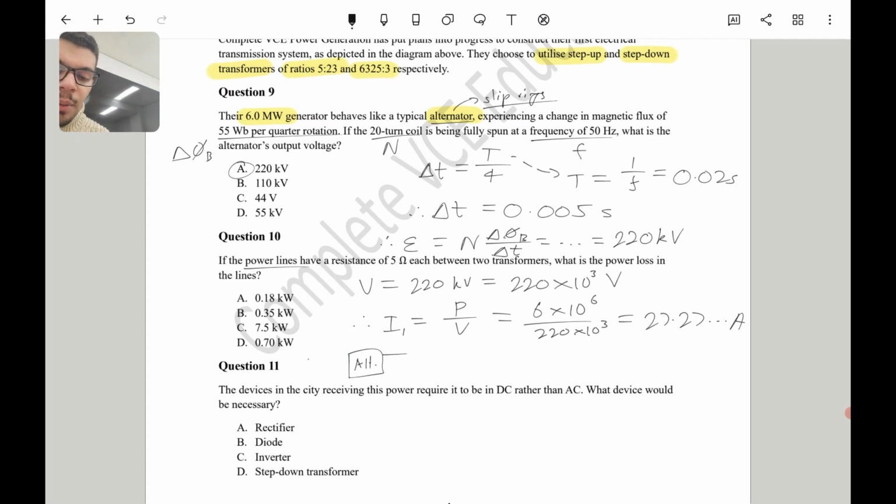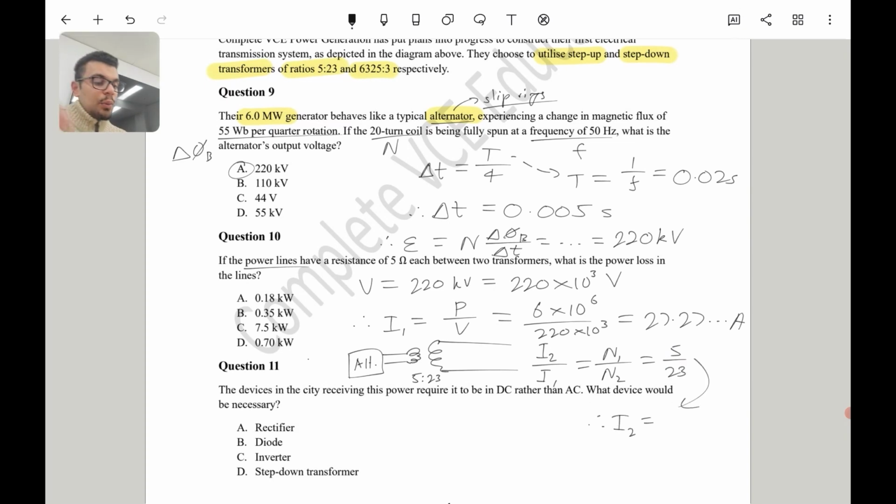However, this current is then going to flow through the primary coils of the transformer, and it is then going to transform into a new current. Okay, now we know that the ratio of the number of turns of wire is 5 to 23. So now let's use our ratios formula. So we know that I2 over I1 is equal to N1 over N2. Now, N1 over N2, that's 5 over 23. And we can now multiply this fraction by I1.